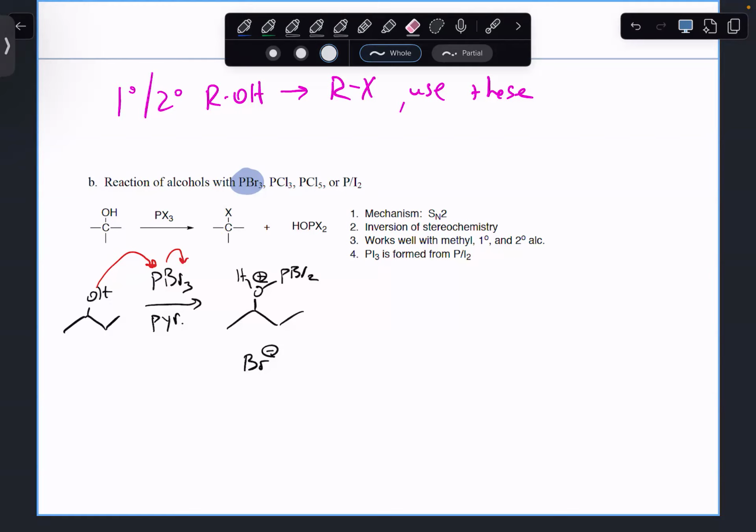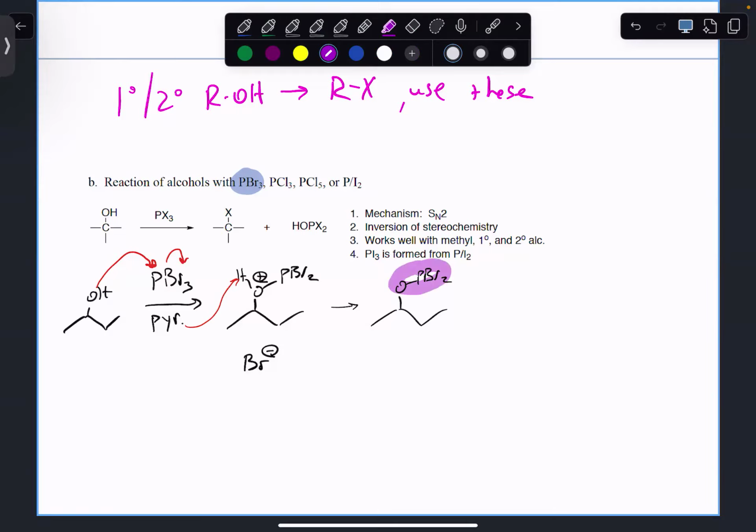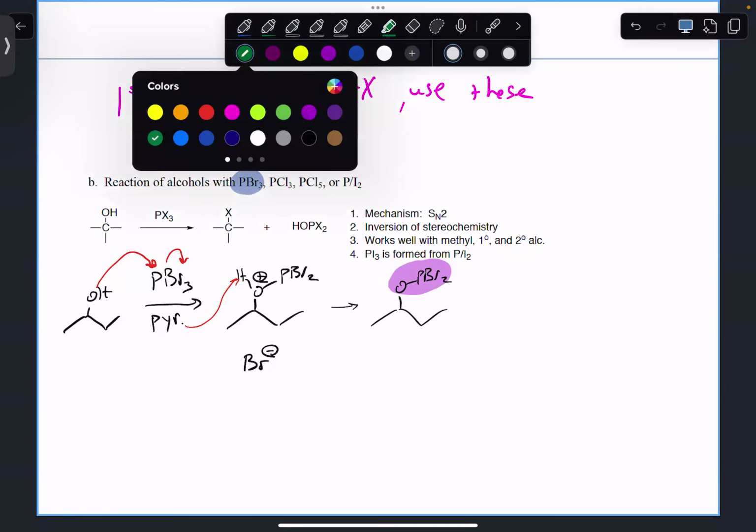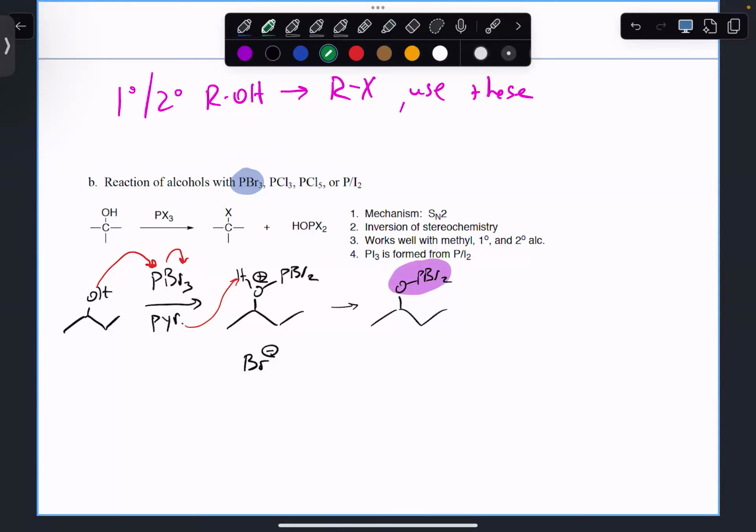Now this is where the pyridine comes in. The pyridine is going to come in and grab that proton, just like we saw with the tosylation. And this whole thing is going to become effectively a fancy leaving group.